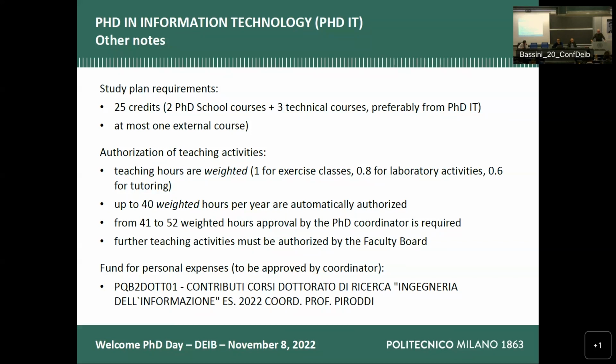Okay, you can also choose external courses, but at most 1 can be counted in your study plan. You can follow how many you want, but only 1 can be considered in the study plan. Also, we allow for more than 40 hours of teaching with some specific rules.